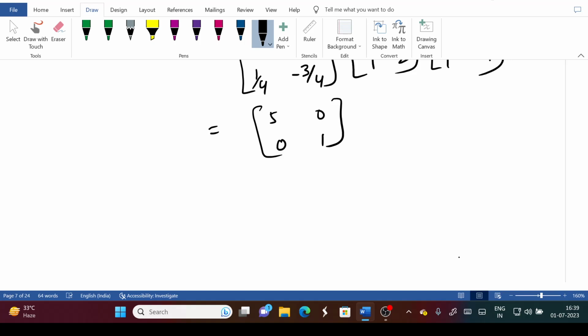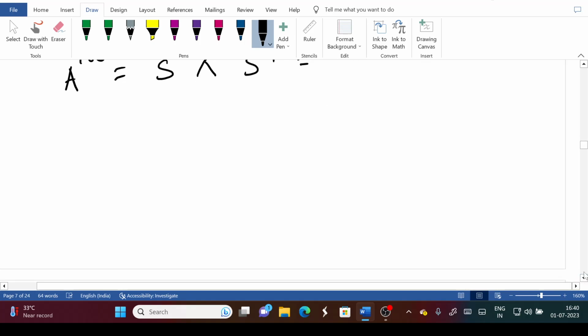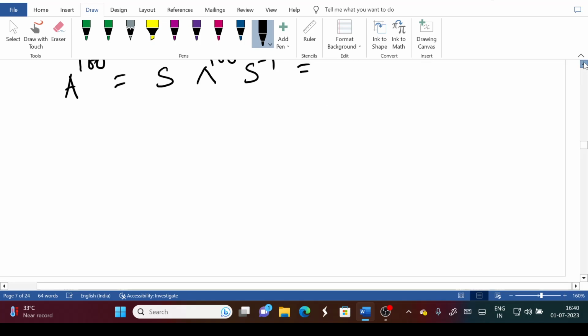Now what is our target? A to the power 100 is equal to S lambda to the power 100 S inverse. How much is it?